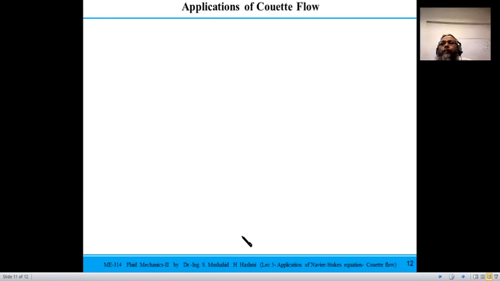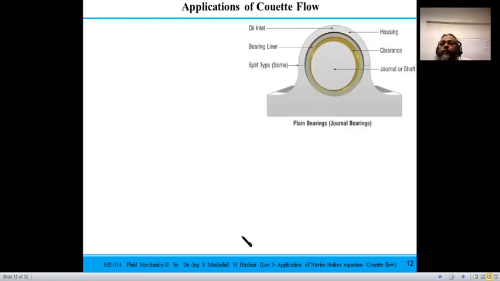Okay, in the last, actually, this is a very important application. It is actually the journal bearing. Journal bearing means the shaft, which you call the journal, is a rotating part, and the housing is a stationary part. So this stationary part acts as a fixed plate, and this layer of the shaft, which is in rotation, would be called the moving plate, and between them there is a lubricant.